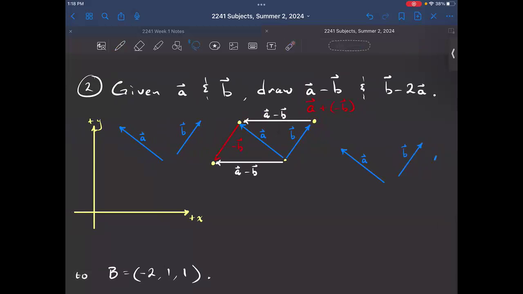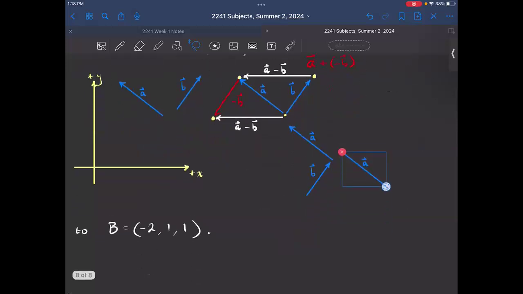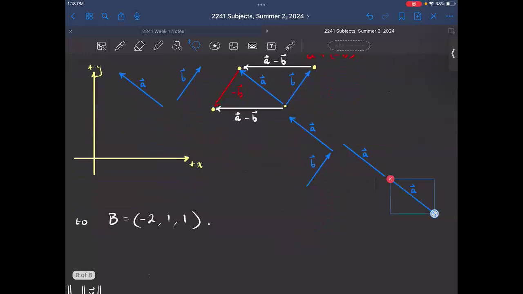Okay, well, we got to move our b and our a around. So here's b, move them down here maybe, and a is right there. And we actually need 2a, don't we? We will copy, paste, and paste again. I'm thinking of this as a, but do it twice in the opposite direction.